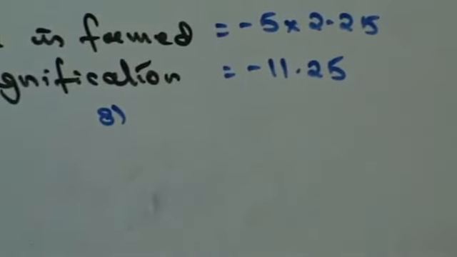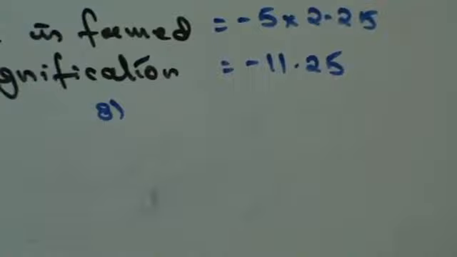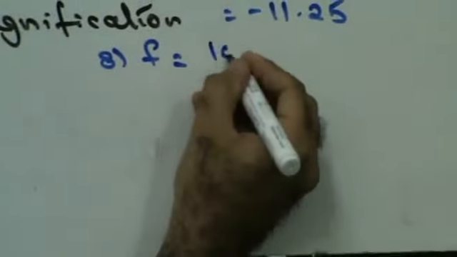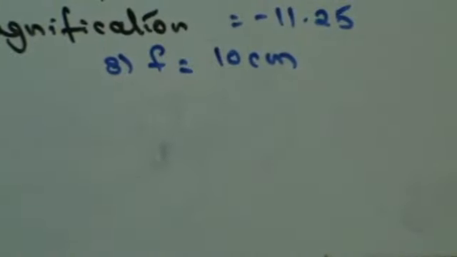Take down another sum. The focal length of a magnifying glass is 10 centimeters.